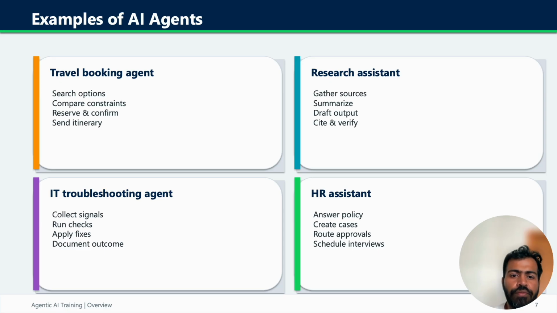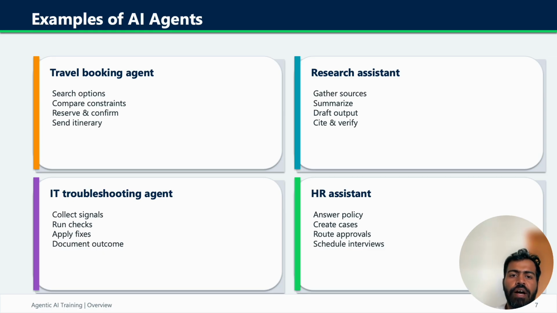Now, examples of AI agents. Here are a few examples to make this concrete. Travel booking is a multi-step search, compare, reserve, and then confirm. Research gathers sources, summarizes, drafts, and verifies. IT troubleshooting will have diagnosis, run checks, apply fixes, and document it.